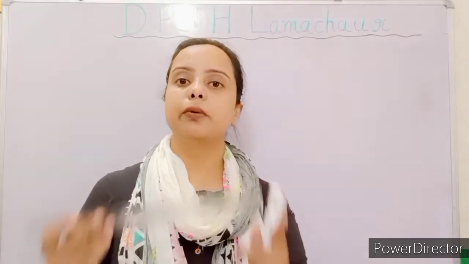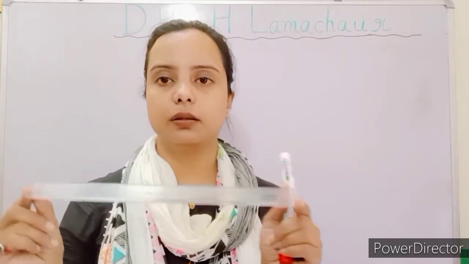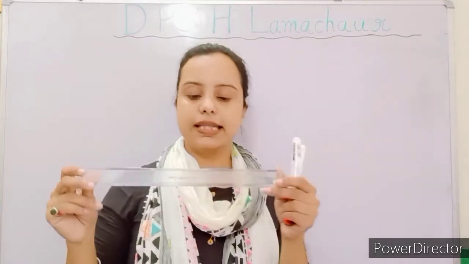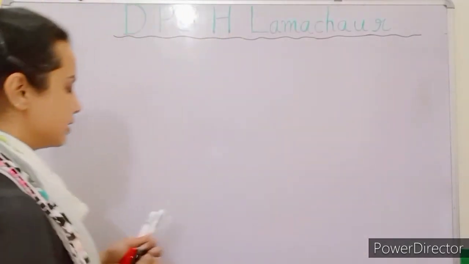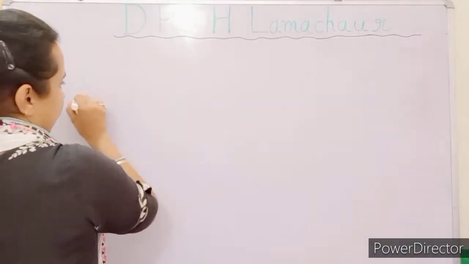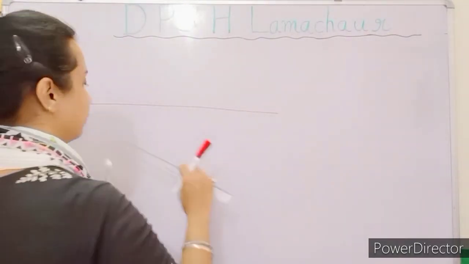Now student, I have explained that how to take the measurement with the broken scale. Now how to take the reading. Okay, आपको कैसे रीड करना है स्केल को. For example, this is a line here, and you have to take the measurement.